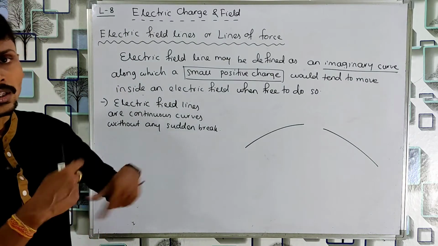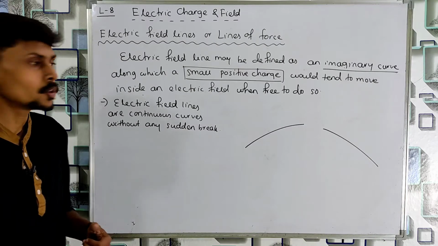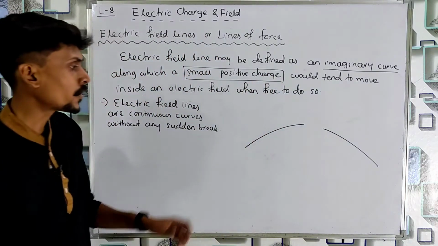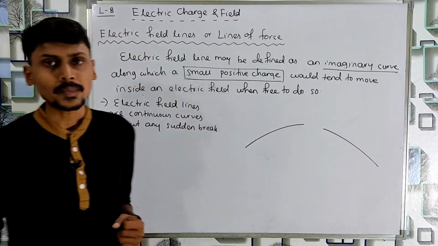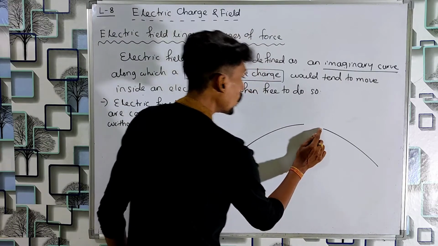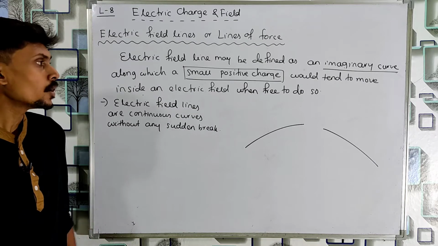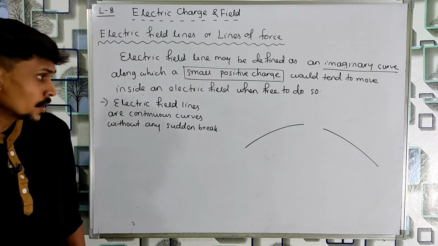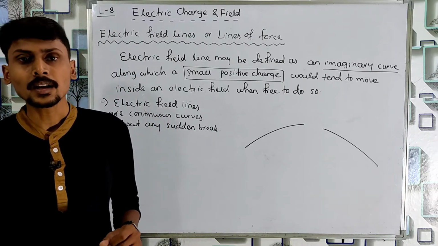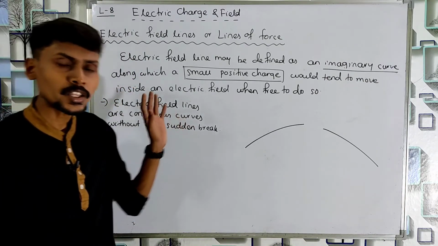So if the force is continuous, then the electric field lines will also be continuous. If we make a break in an electric field line, what will be its meaning? Its meaning will be that in this region there is no force acting on the charged particle, on the small positive charge or test charge. But this is impossible. If there is an electric field in a region, then definitely a charged particle will experience force there, and the force is continuous.